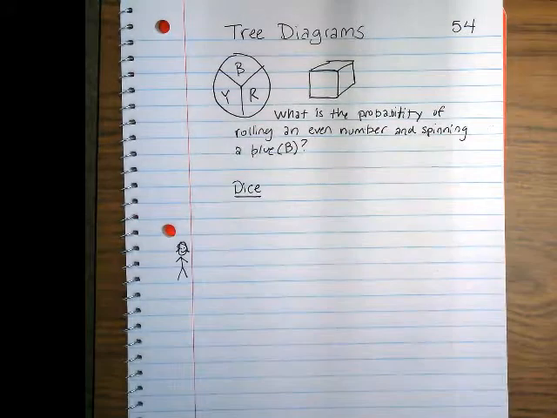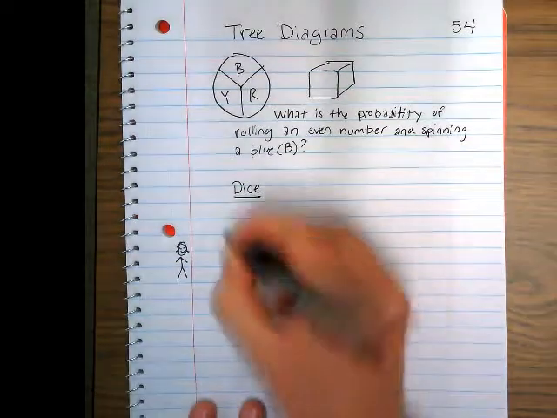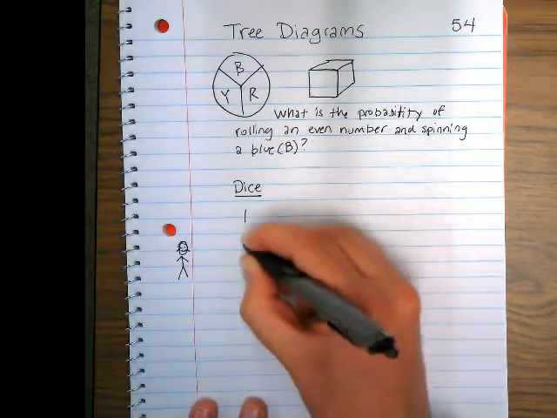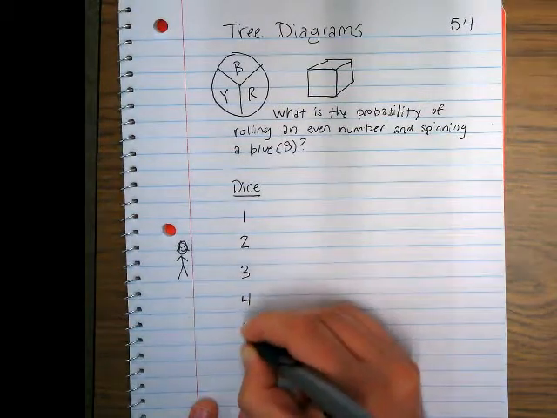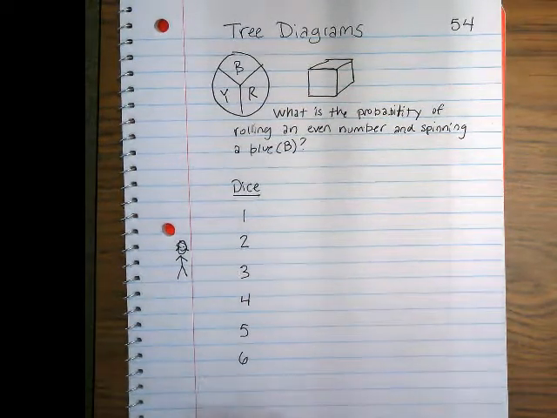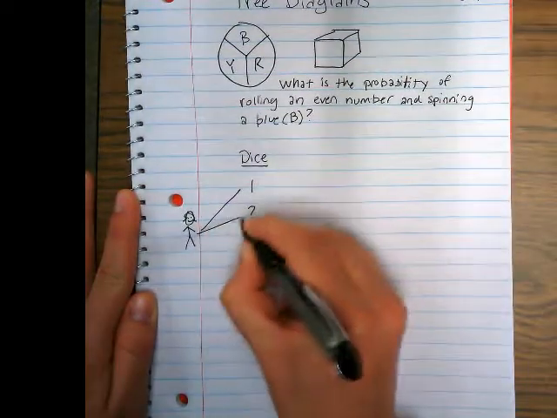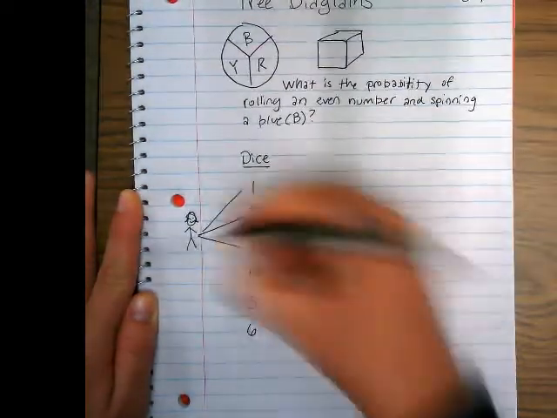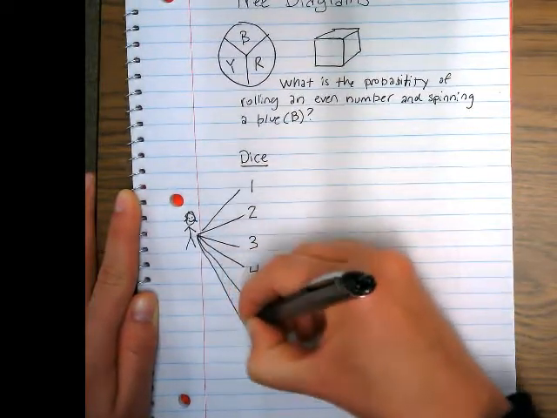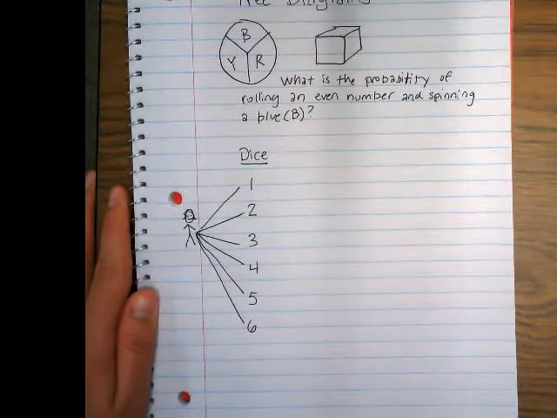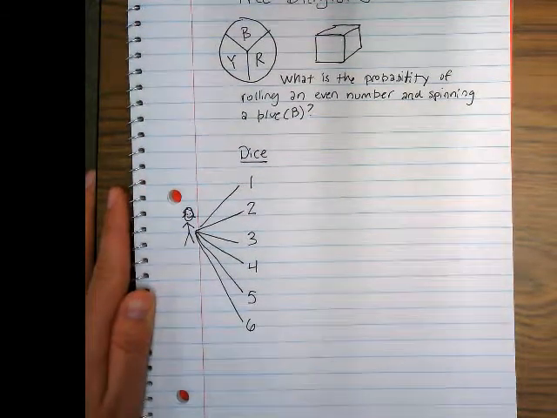We're rolling the die before we spin the spinner. Now when I roll a die, I could get a 1, 2, 3, 4, 5, or a 6. I could get any of those options. And here I'm going to start making my tree. Those are all of the options I could get: 1, 2, 3, 4, 5, or 6.